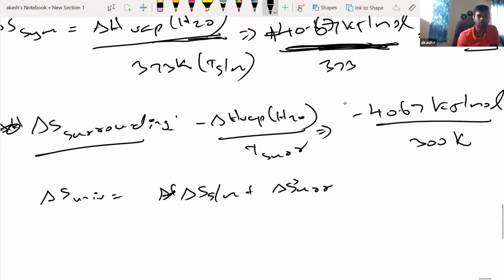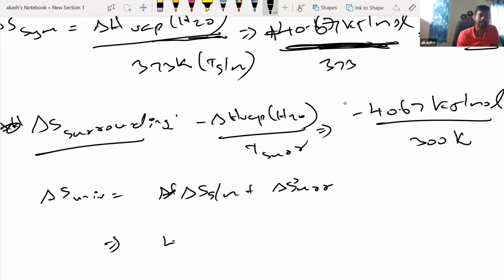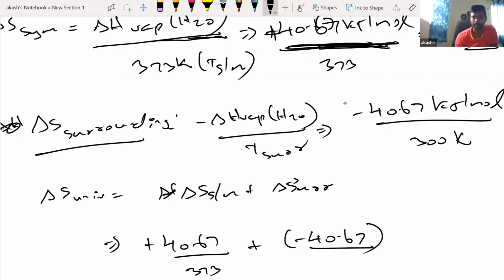So let us add these two values: 40.67 divided by 373 for your system, plus minus 40.67 divided by the surroundings temperature, 300.